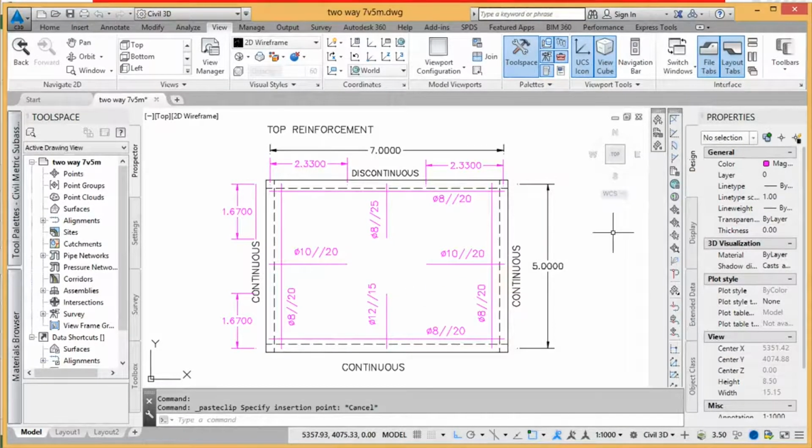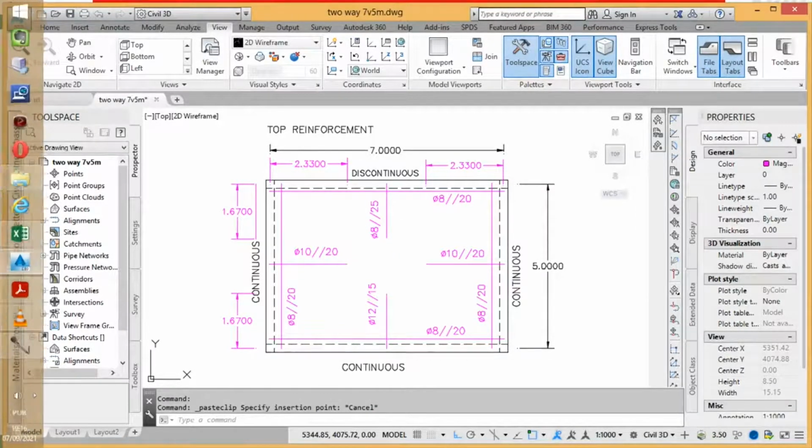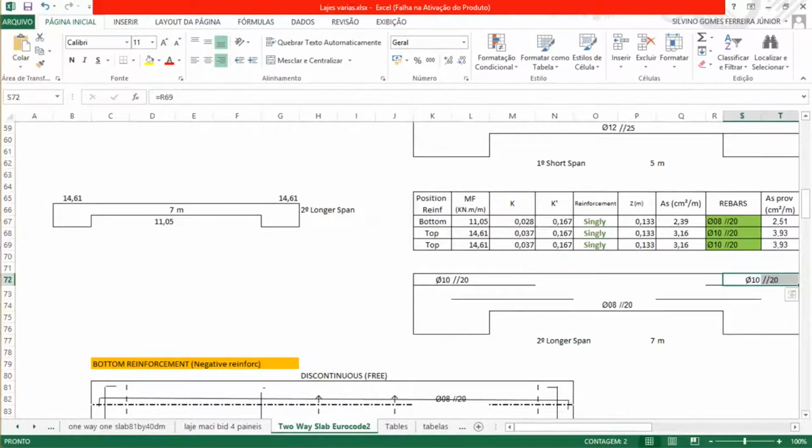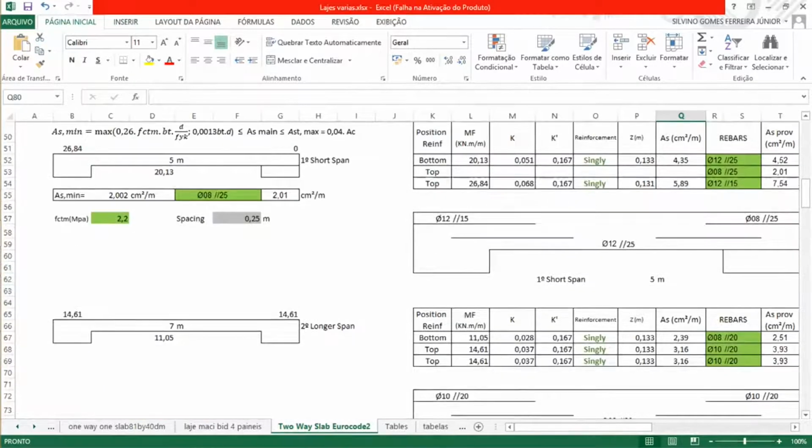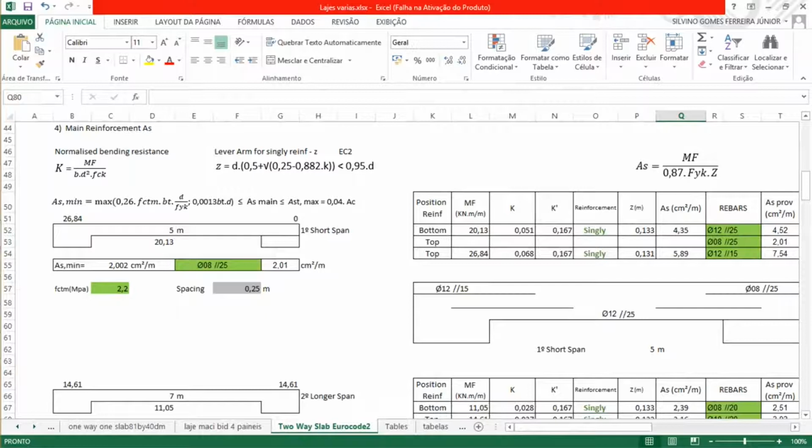Okay, so now it's missing the distribution bars on this. For the distribution bars we have this minimum, 2.01 square centimeters, so diameter of 8 spaced by 25 for minimum.